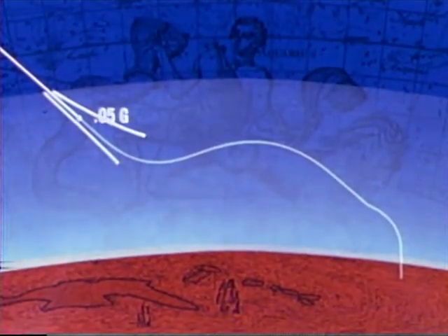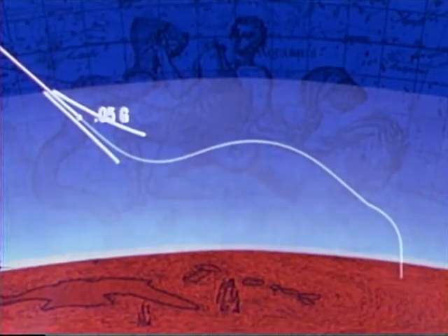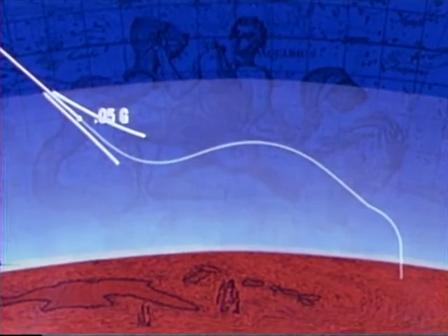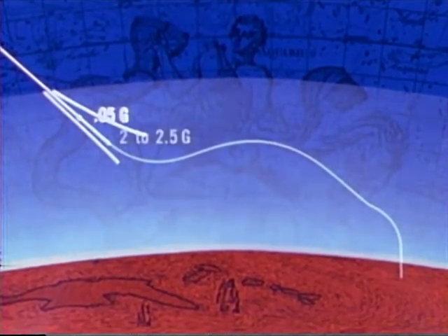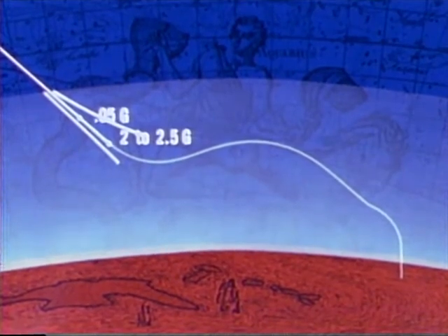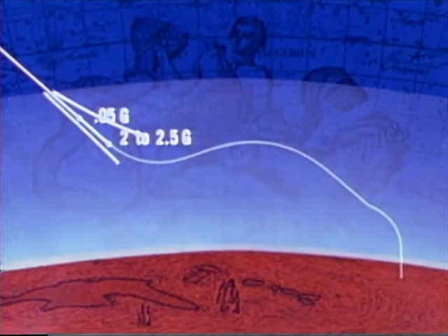At the 0.05 G mark, the point at which deceleration can be sensed for the first time, limited aerodynamic stabilization of the spacecraft will be evident. The spacecraft will be in a lift-up attitude, which, in the nominal case, will be maintained until the first control period. When the 2 to 2.5 G region is reached, capture is so highly probable as to be considered achieved.